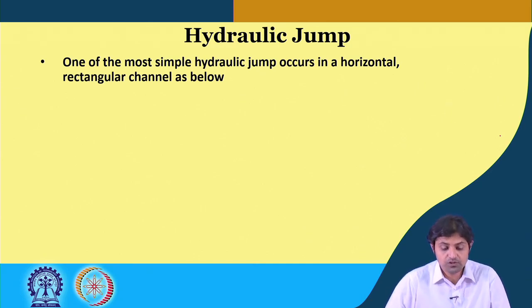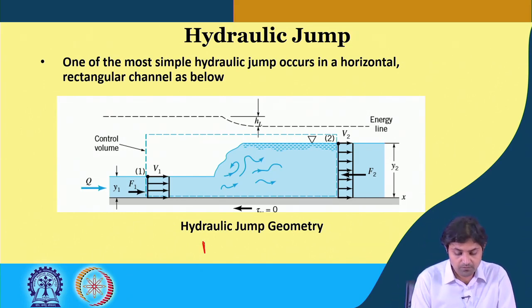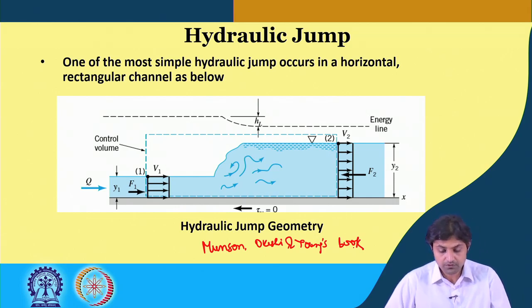One of the simplest hydraulic jumps occurs in a horizontal rectangular channel as below. We are going to see one of the simplest occurrences of hydraulic jump. This figure has been taken from Monson, Okiishi and Young's book Fluid Mechanics.